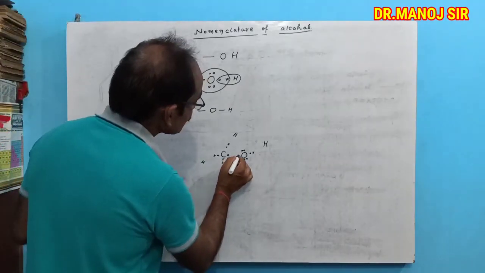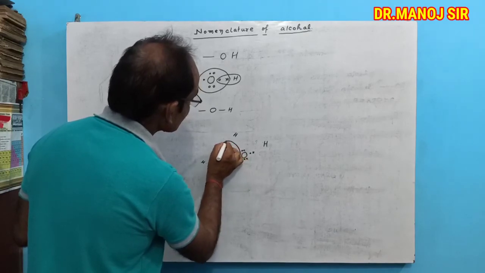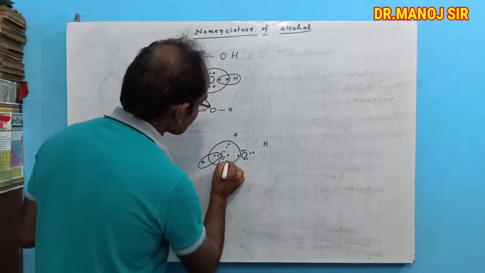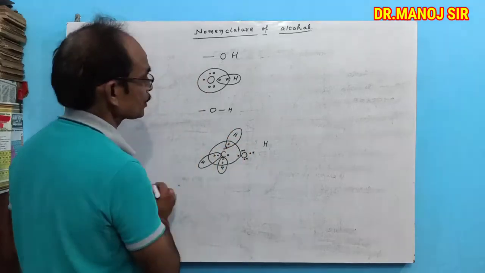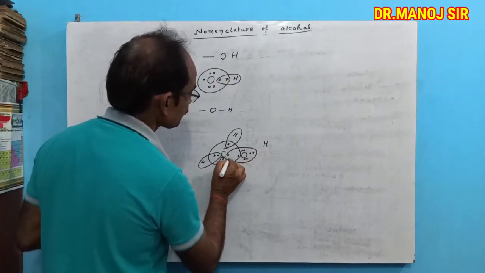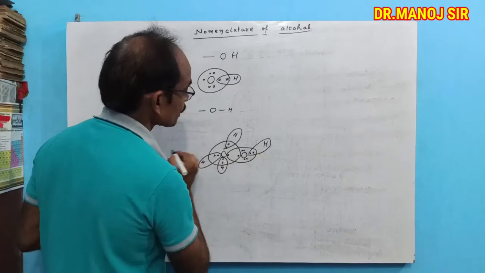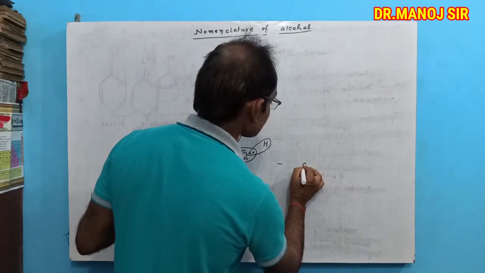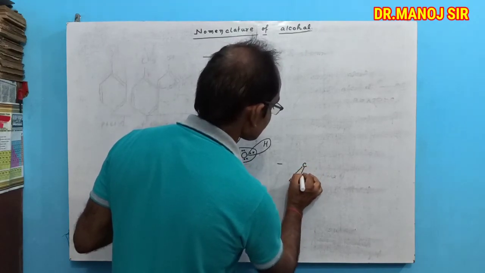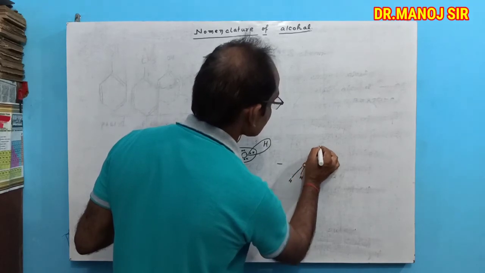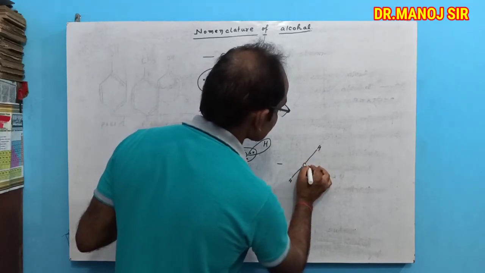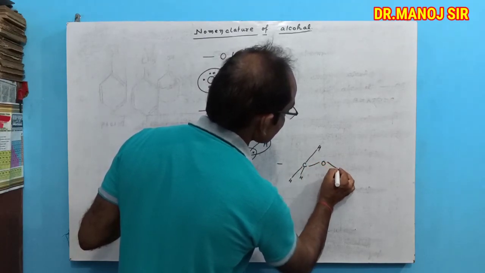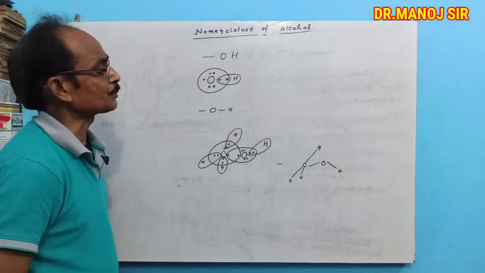So the octets are in this way, with hydrogen and oxygen. It can be represented in this way.